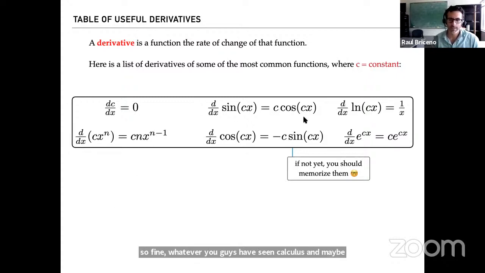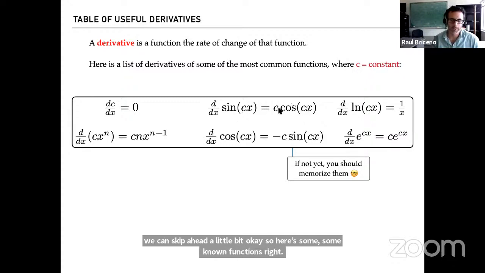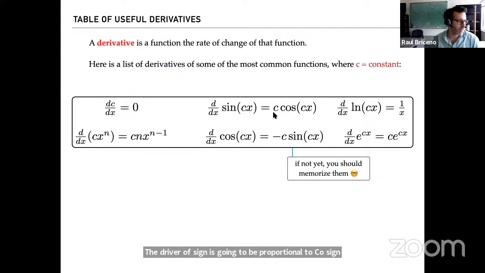Okay, so here are some known functions. The derivative of sine is going to be proportional to cosine, up to a constant which depends on the argument. The derivative of log is equal to 1 over x. This is just some polynomial; you just lower the power of the polynomial. Cosine gives you back negative sine, up to a constant that is multiplying the argument.